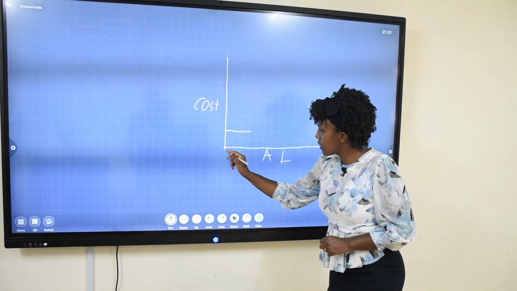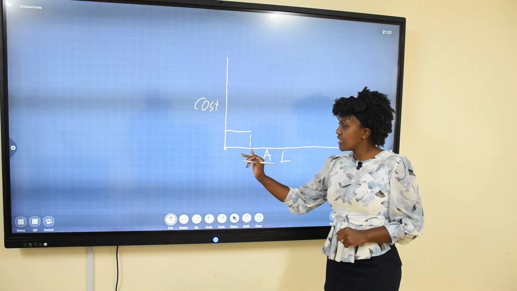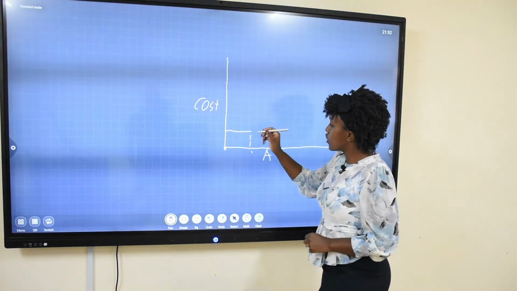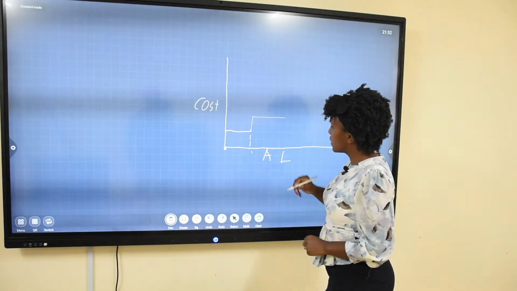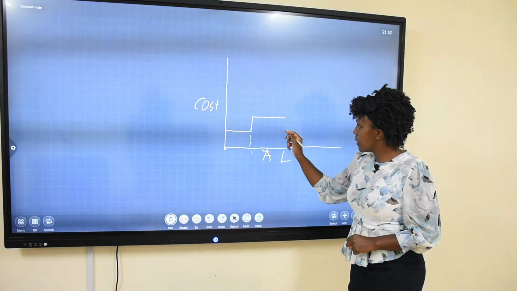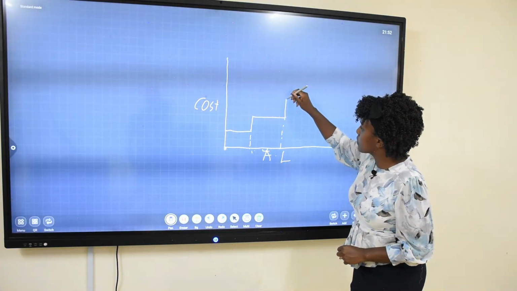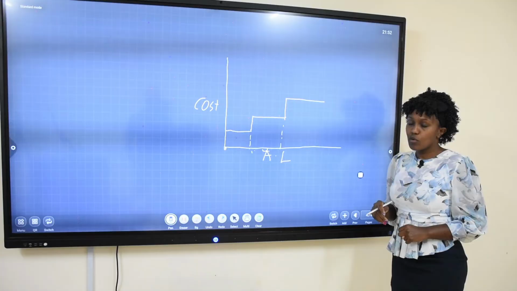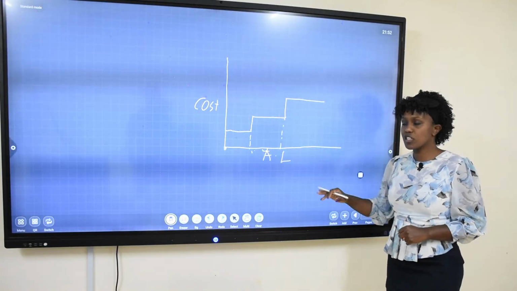So between here and here, it is constant. Once you exceed this critical level, the cost may go up. Again, it remains constant within a certain range of activities, maybe up to here. Then again, the cost may step up once more to a new level. So this is what we call a step fixed cost. It keeps on stepping up.